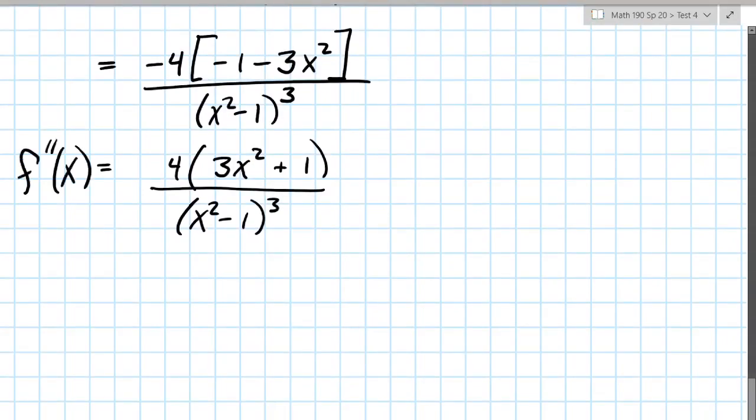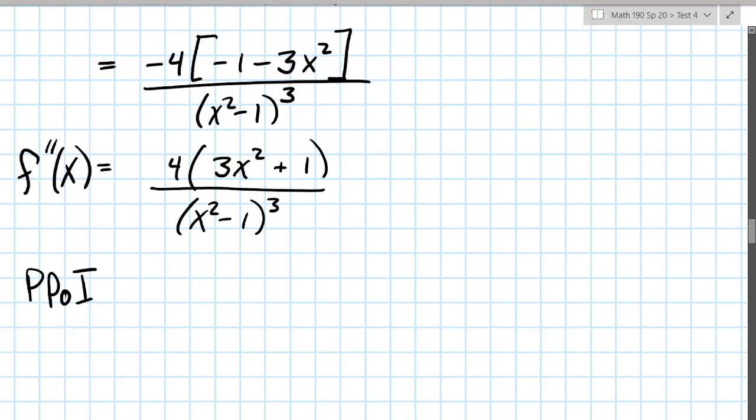And we are interested in looking for the possible points of inflection. Possible points of inflection will happen when the numerator is 0 or when the denominator is 0. If we look at the numerator, we'll notice that x squared gives you a positive number, multiplying by 3 gives you a positive number, adding 1 gives you a positive number, and multiplying by 4 also gives you a positive number.